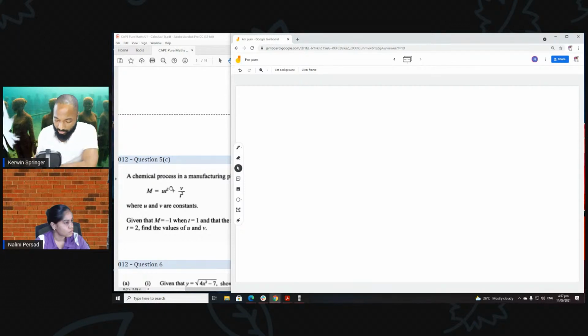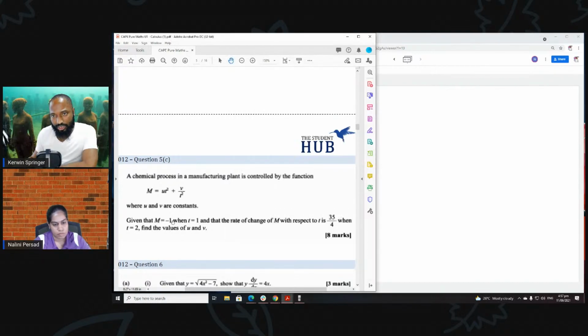A chemical process, we have m is equal to ut squared plus v over t squared. And we did one very similar to this. m is equal to -1 when t is equal to 1.